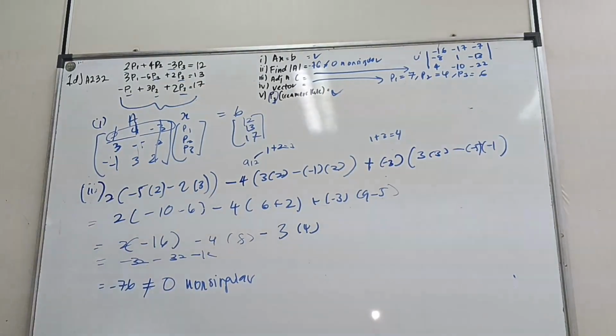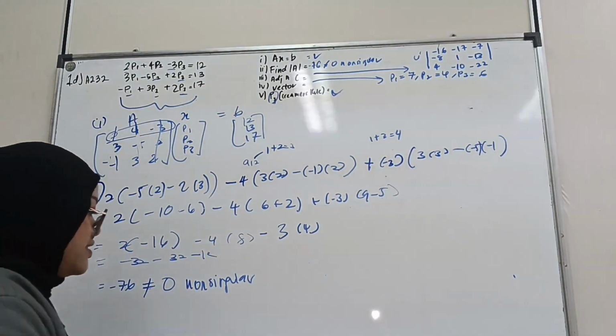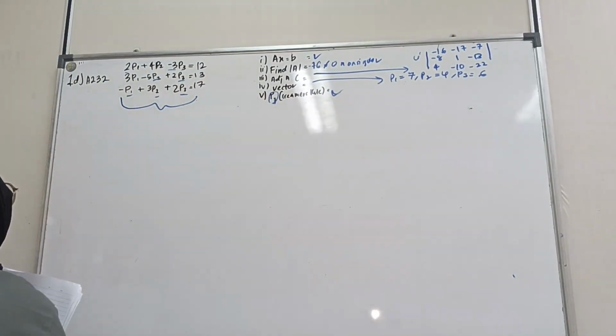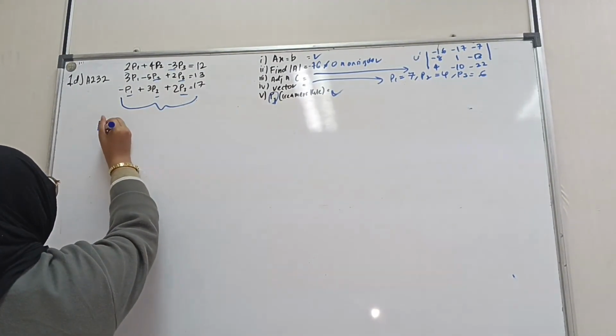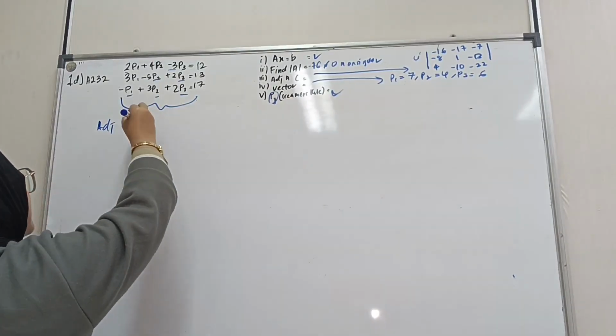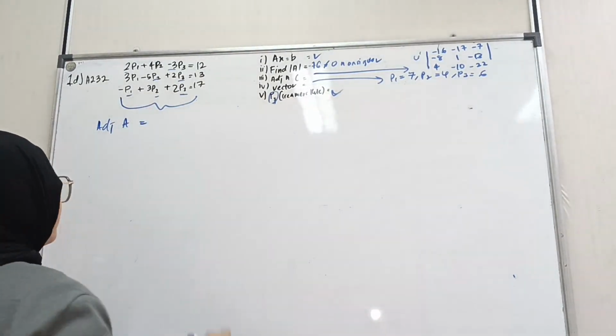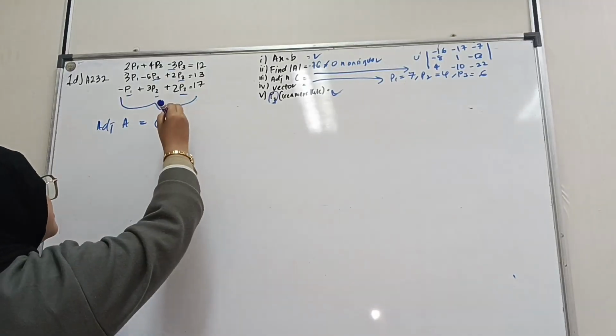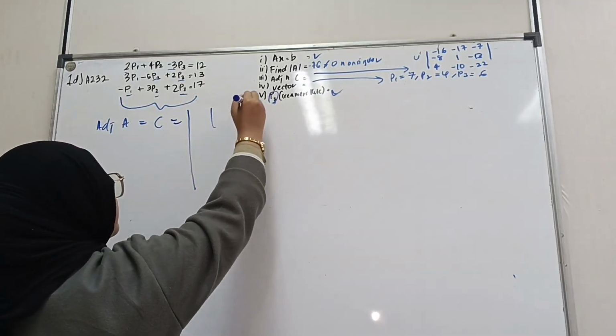Then the next one. For example, A, we have to find the adjoint, so we have to divide.